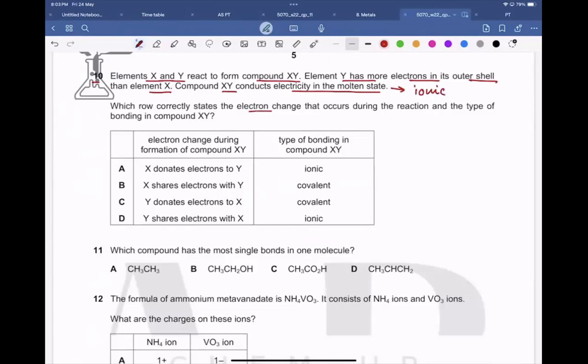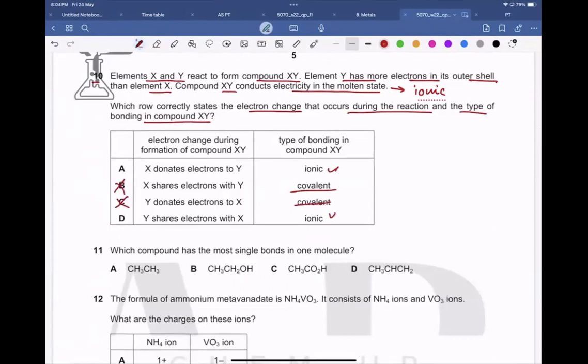Which row correctly states the electron change that occurs during the reaction and the type of bonding in compound XY? And if it's ionic, so these two are covalent, which makes B and C go wrong.